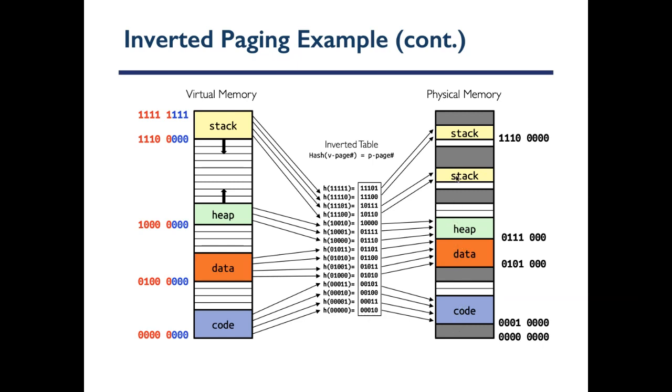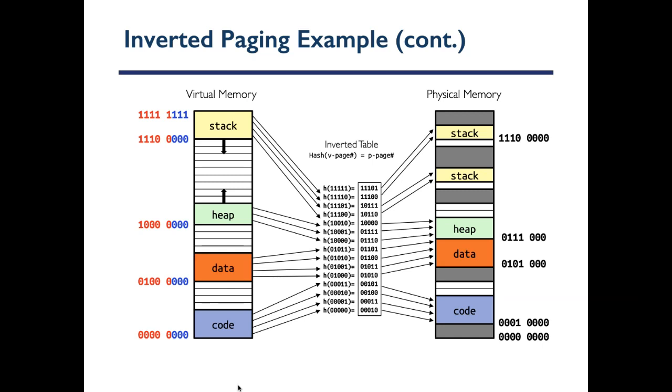So if I end up using all my physical pages, the size of my inverted page table will be the same as the size of my physical memory, which is still good, because the size of physical memory is usually less than the size of virtual memory. So we have a cap on how big the table becomes. The biggest that it could become is as big as your physical memory, the number of physical pages.